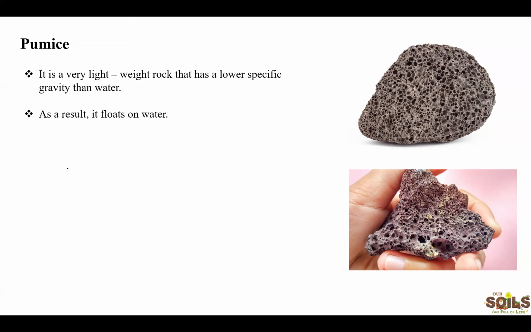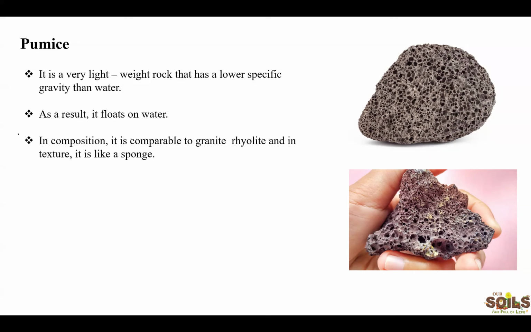In composition, it is comparable with granite and rhyolite, and in texture it is like a sponge. Nowadays this stone is sometimes used for bathing, for cleaning our body, because of its spongy nature.